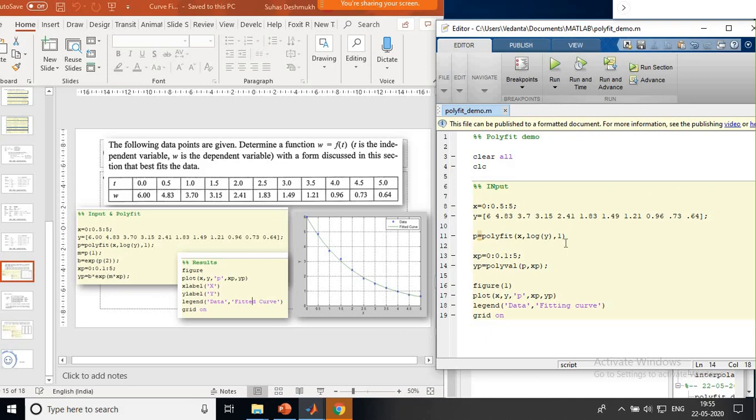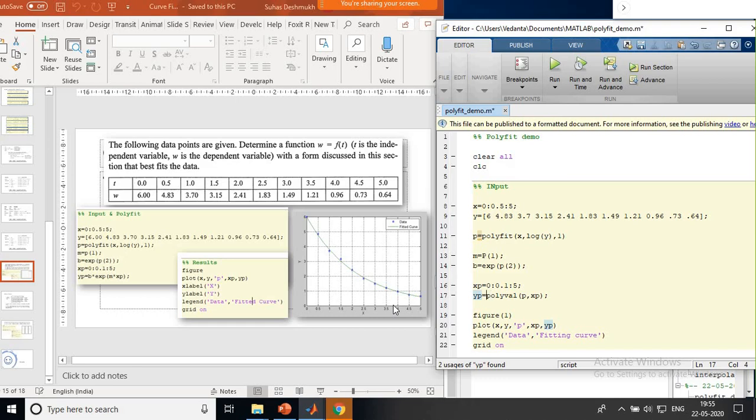After fitting, we got the polynomial, and after this, what is to be done? You need to convert back into your function, that particular polynomial. m is equal to p of 1, then b is equal to exponential of p of 2. Then my equation is xp, and I'm going to determine yp.